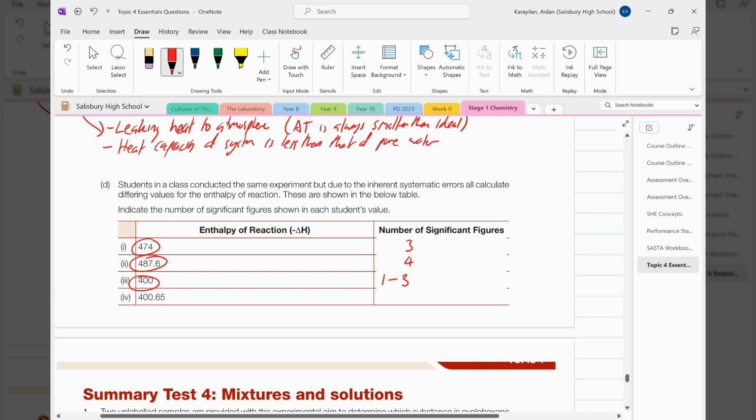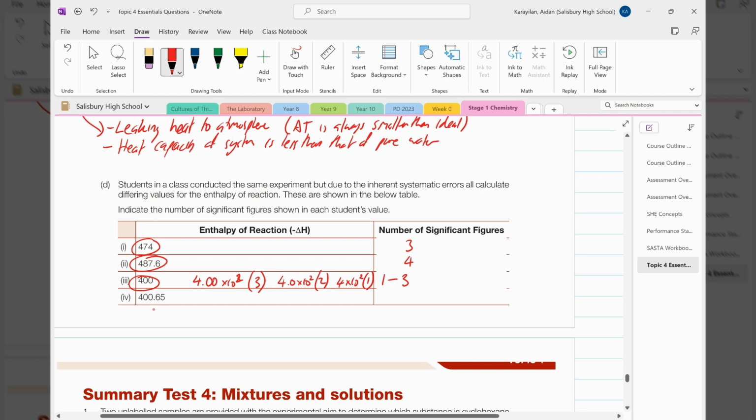We're not sure. If they wrote it in a different form, so if they wrote 4.00 times 10 to the power of 2, that would be 3 significant figures. If they wrote 4.0 times 10 to the power of 2, that would be 2. If they wrote 4 times 10 to the power of 2, that would be 1. So that's why scientific notation can be useful.